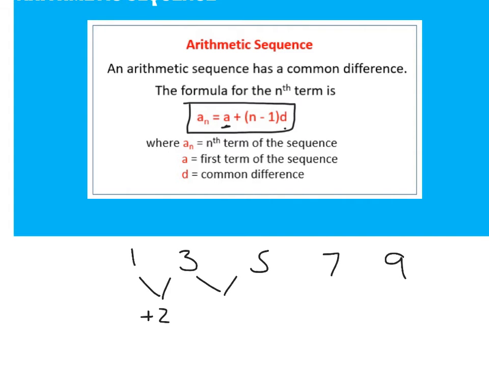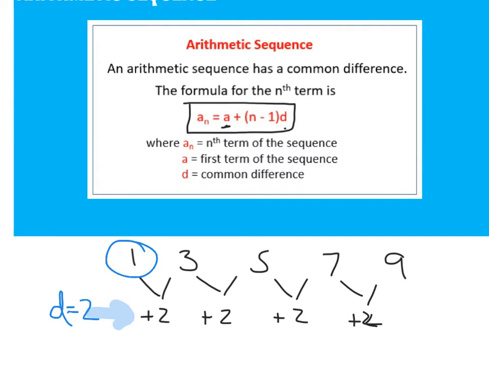To go from 3 to 5, we're adding 2. To go from 5 to 7, we're adding 2, and to go from 7 to 9, we're adding 2. So here, 2 would be our common difference. So the 2 would be our D. D is equal to 2. Our first term of the sequence would be 1.